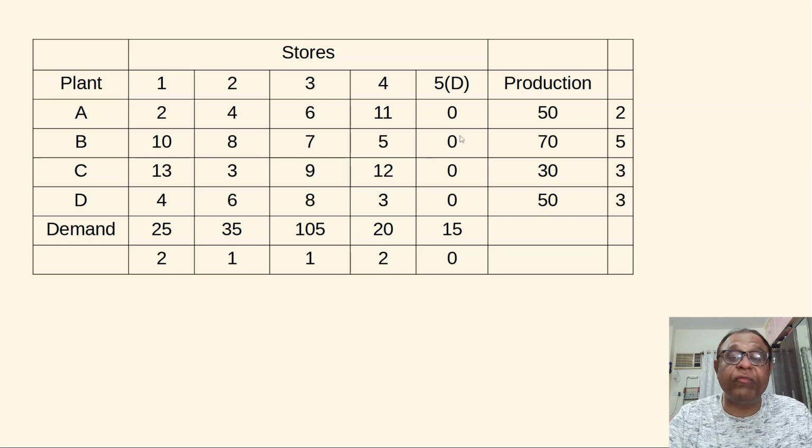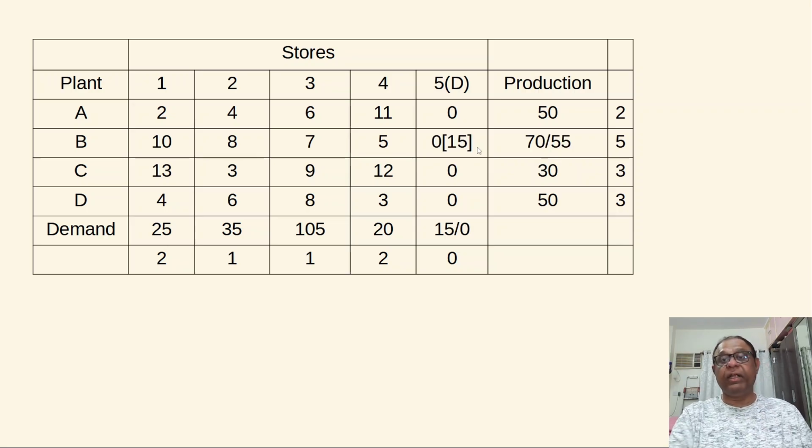Now, what is the maximum we can allocate here? The maximum we can allocate here is 15 because the demand in 5D is 15. So from plant B, which has a capacity of 70, we allocate 15 to satisfy the demand of 5D. That's it. We are done.